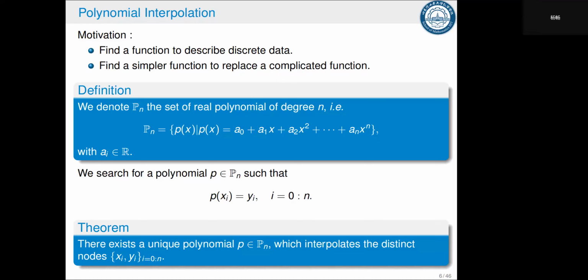The answer is yes, thanks to such a theorem. The theorem tells that there exists a unique polynomial p from the set of polynomials of degree n, Pn, which interpolates the distinct nodes xi and yi. That means it verifies this interpolation condition.